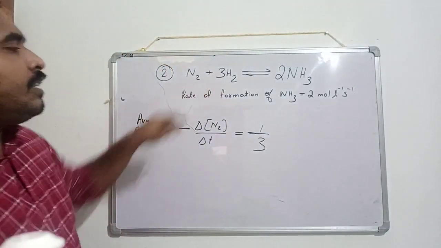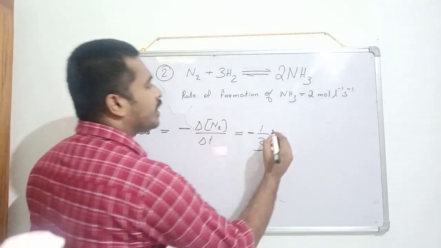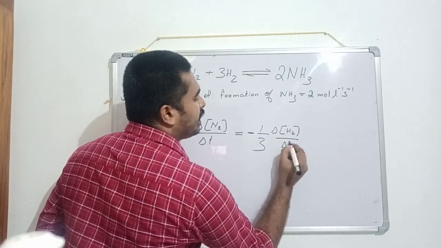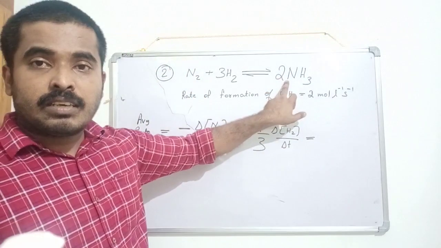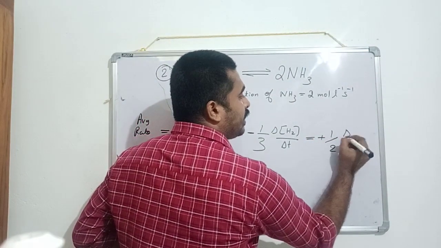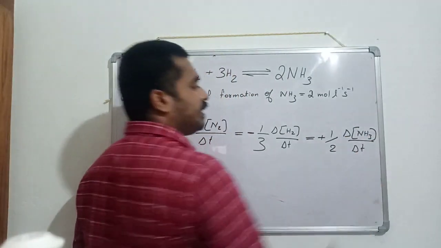Since it is 3, we need to write 1 by 3, minus 1 by 3 delta concentration of H2 by delta T equal to, it is product means positive, plus 1 by 2 delta concentration of NH3 by delta T.